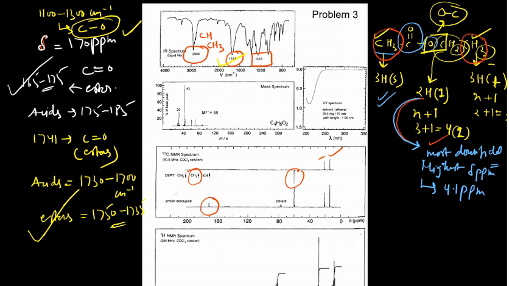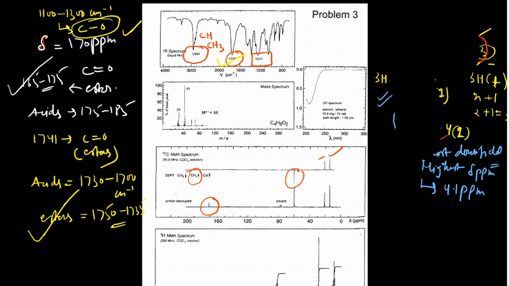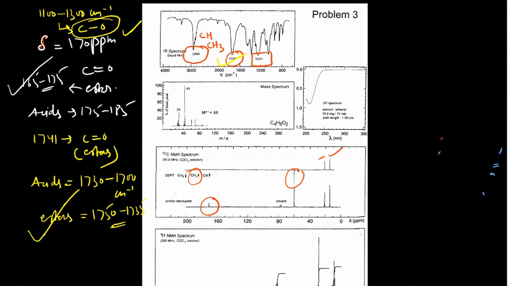And one more thing, you can also go for the mass spectrum. How can we go for the mass spectrum? Very quickly, we have this structure CH3, C double bond O, O, CH2, CH3, positive and dot.